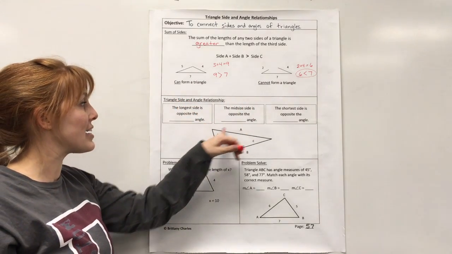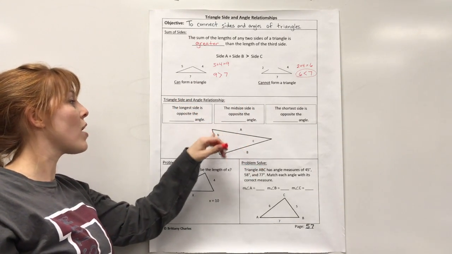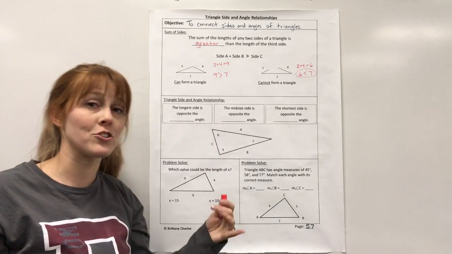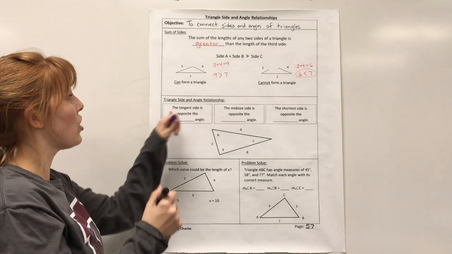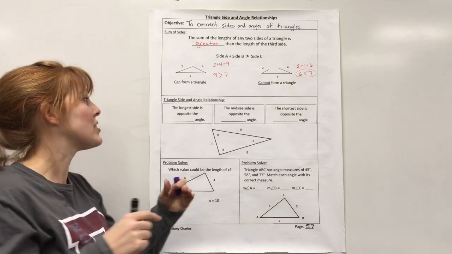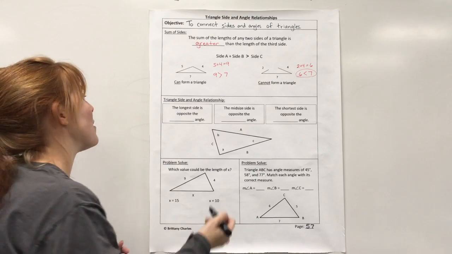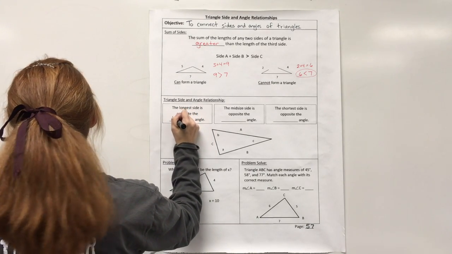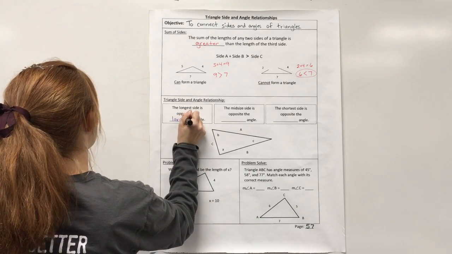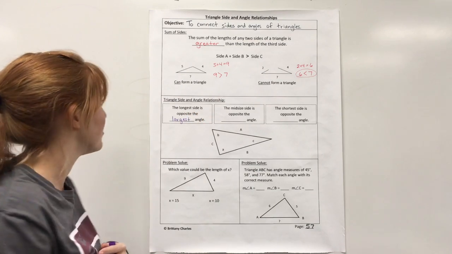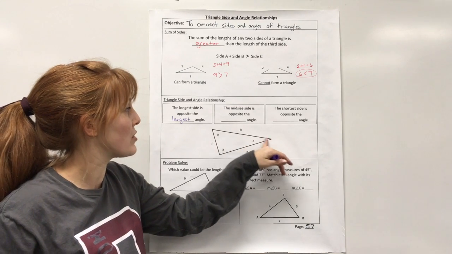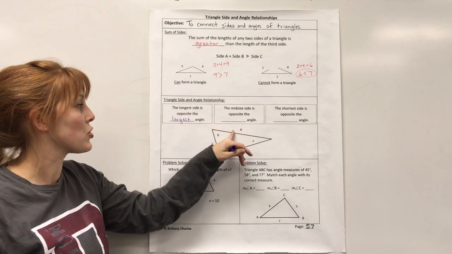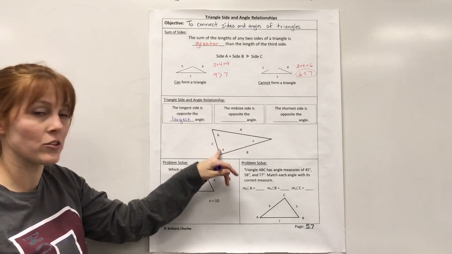The sides and the angles that are across from them have a relationship. So let's look at that. The longest side of a triangle is always going to be opposite the largest angle. If you see right here, this is the longest side of my triangle, and it is across from the largest angle.